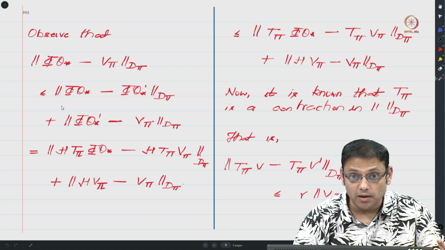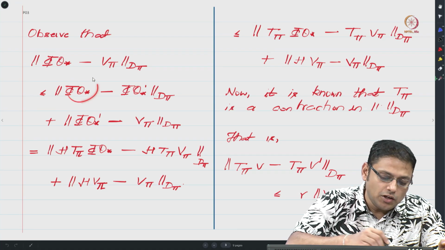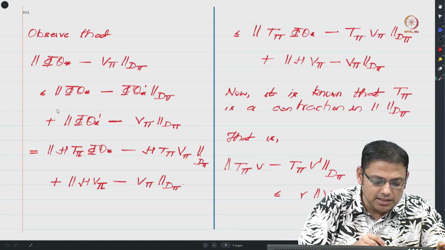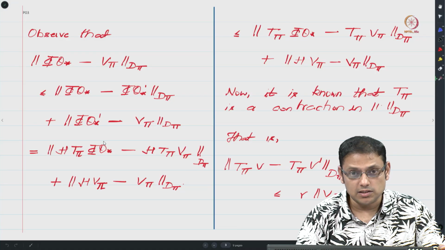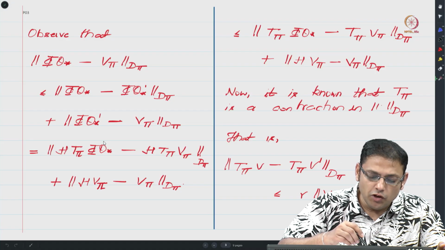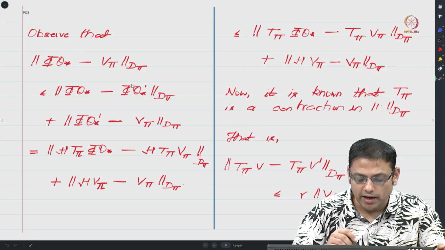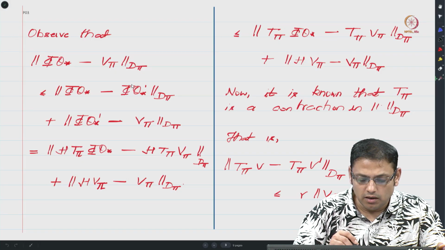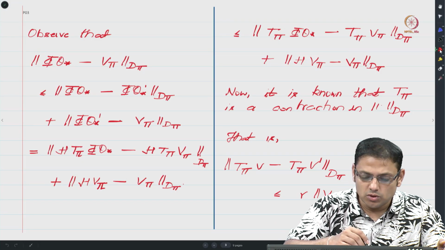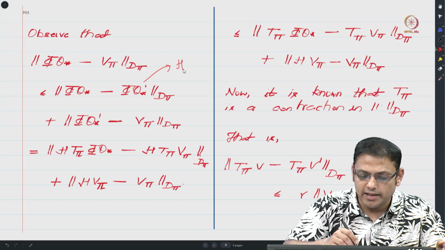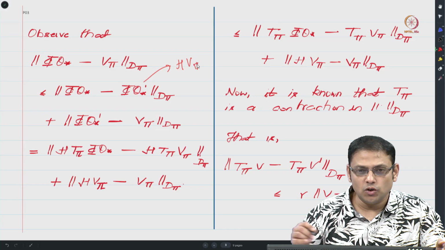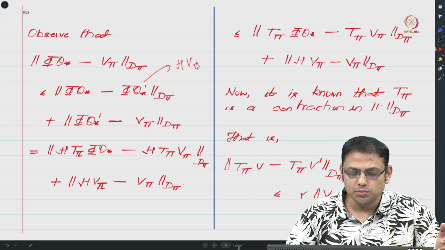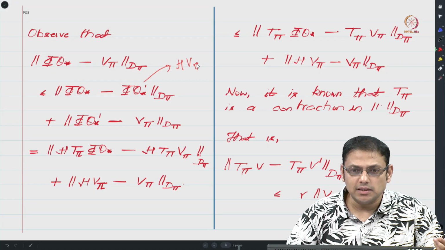Now we know that phi theta star is the fixed point of the projected Bellman operator, and hence wherever you have phi theta star you can replace it by h t pi phi theta star, and we also know that phi theta star prime is actually h v pi. And from the theory of reinforcement learning we know that v pi is t pi v pi.